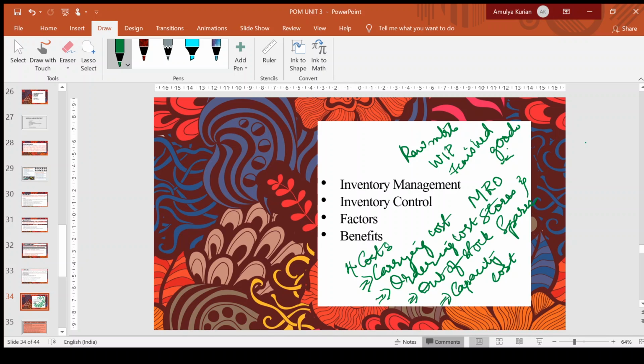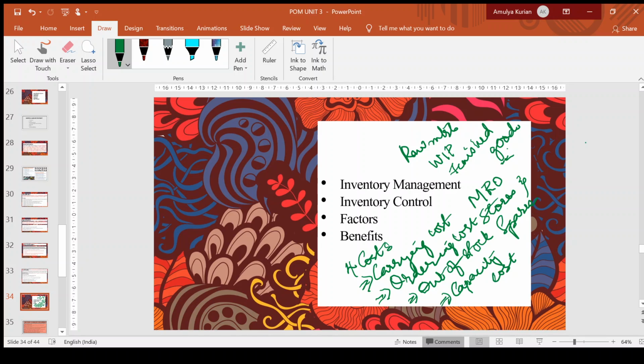Then capacity cost, like overtime payments given when the capacity is too small, or layoff and idle time when capacity is too large. So basically, these are the four costs associated with inventory: carrying cost, ordering cost, out of stock cost, and capacity cost.